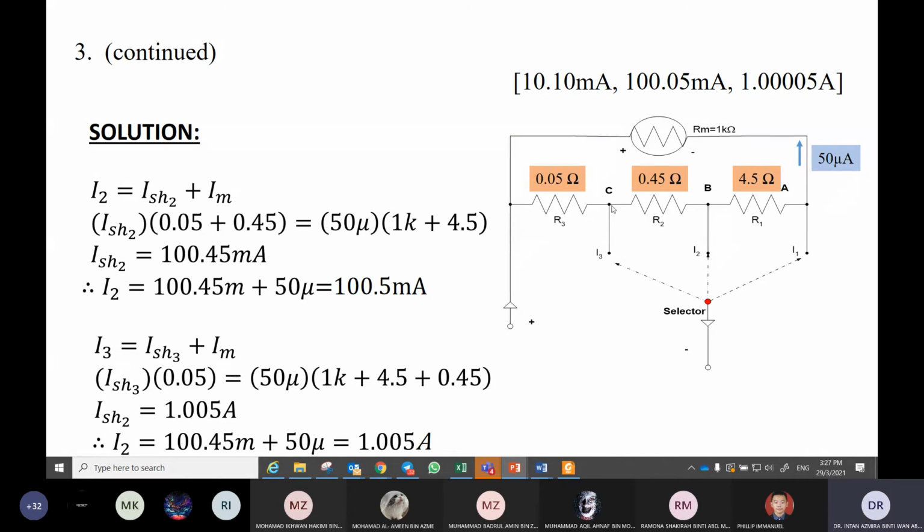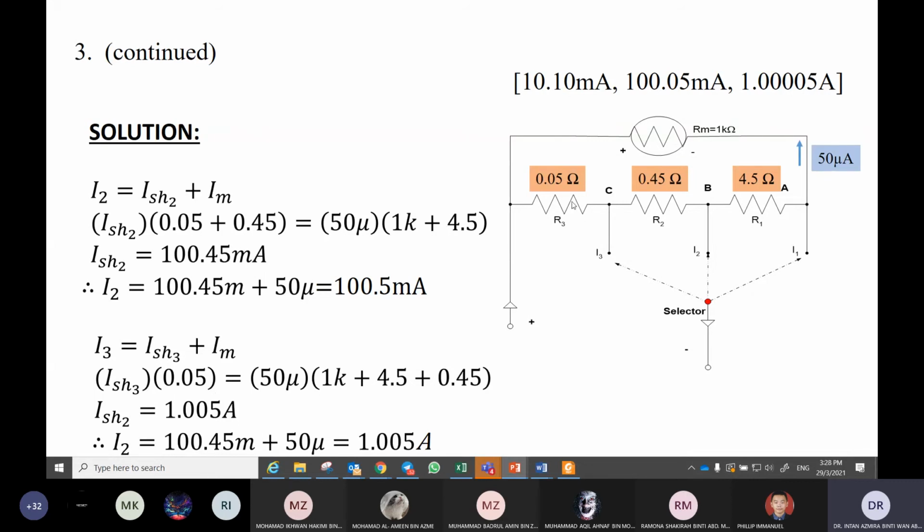Same goes for I3. I3, the selector is tapped here, so R3 is parallel with this, RM plus 4.5 plus 0.45. So V shunt 3 is equal to VM. So this is V shunt 3. V shunt 3 is equal to I shunt 3 multiply with R shunt 3.